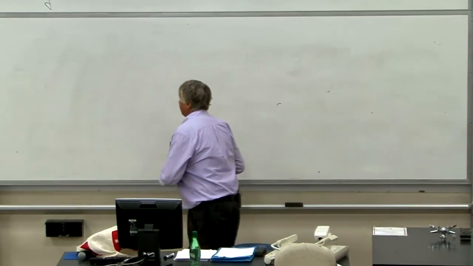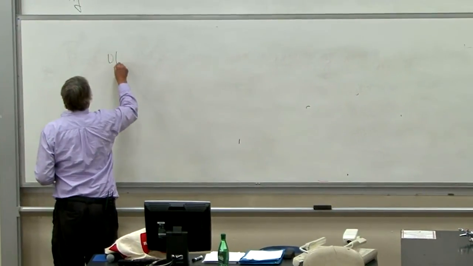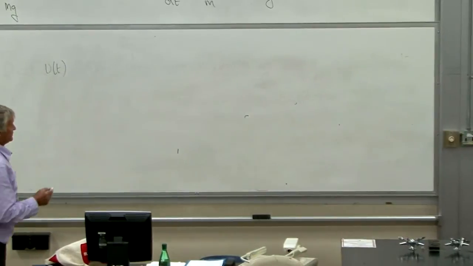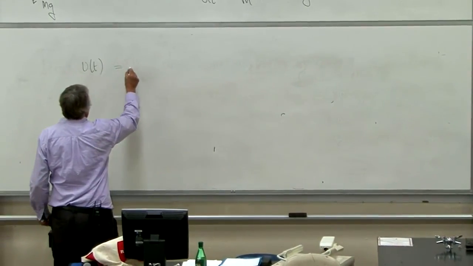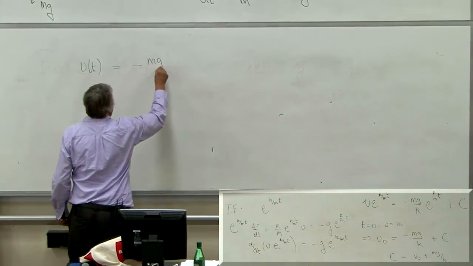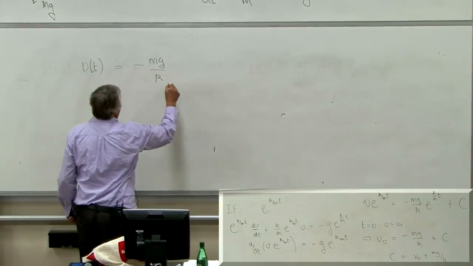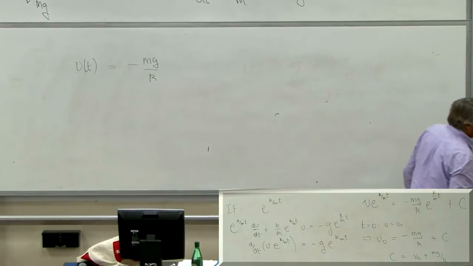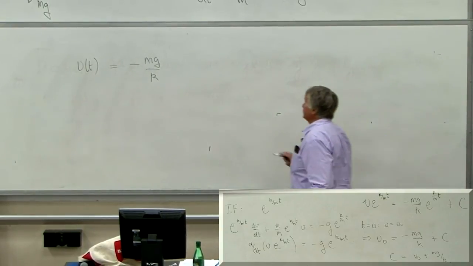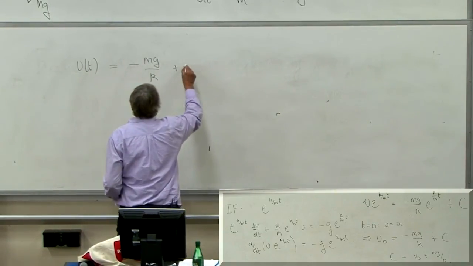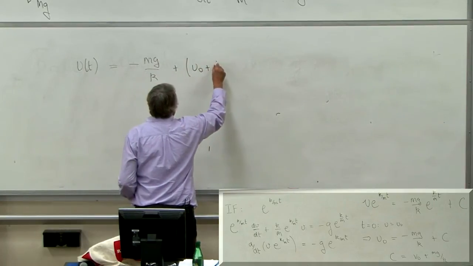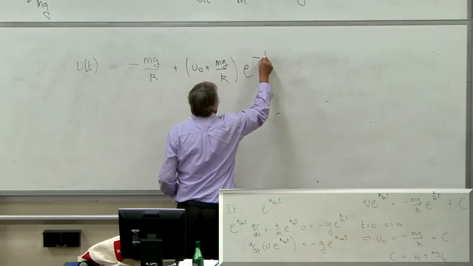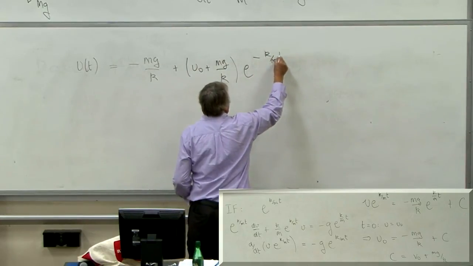So v of t, dividing across by e to the k over m t, is going to be equal to minus mg over k. That's the first term, and then plus v0 plus mg over k, times e to the minus k over m t.